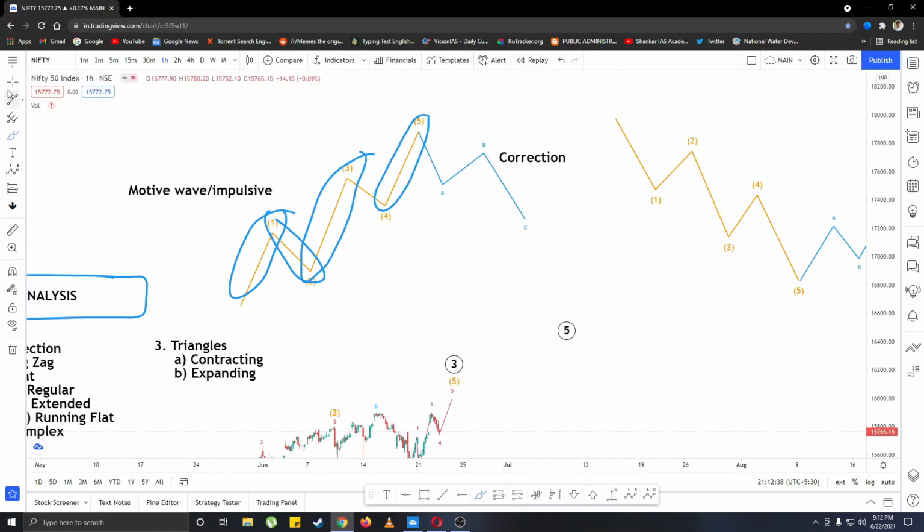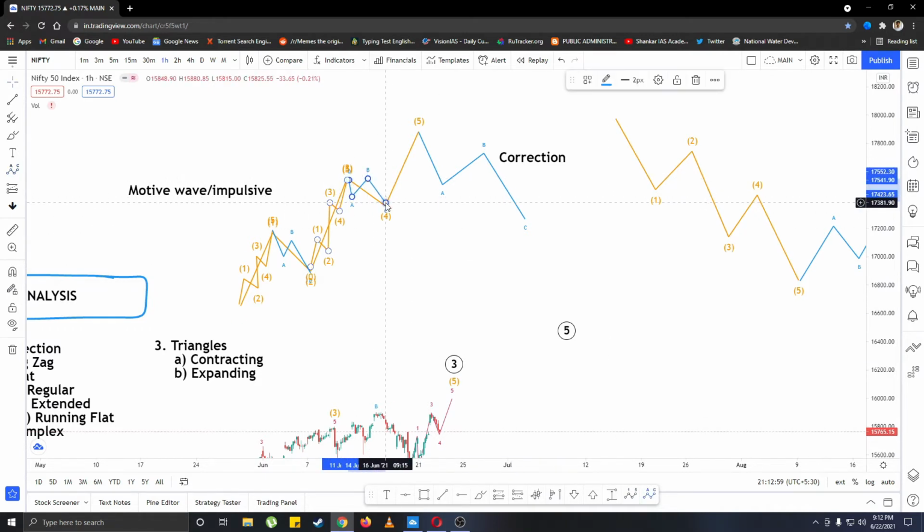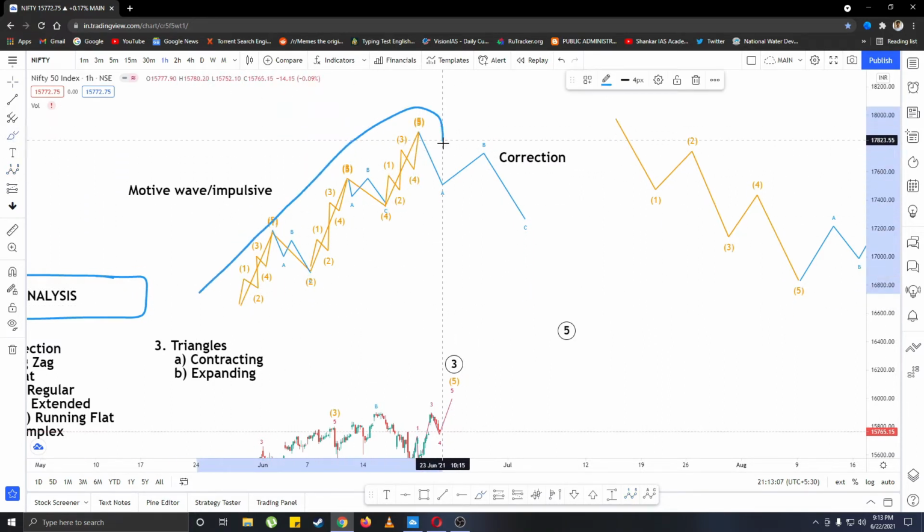Now within wave 1 we can have a further 1, 2, 3, 4 and 5, and from 1 to 2 we will have an A, B, C correction. Then again 1, 2, 3, 4, 5 and then an A, B and C correction, and then another 1, 2, 3, 4 and 5, and then we do a correction for this entire trend.